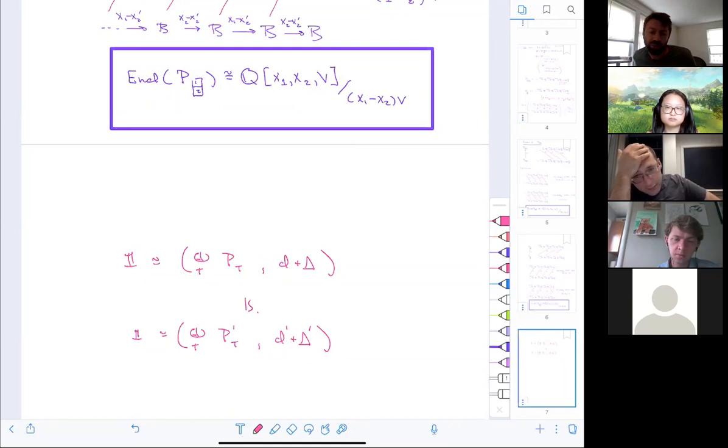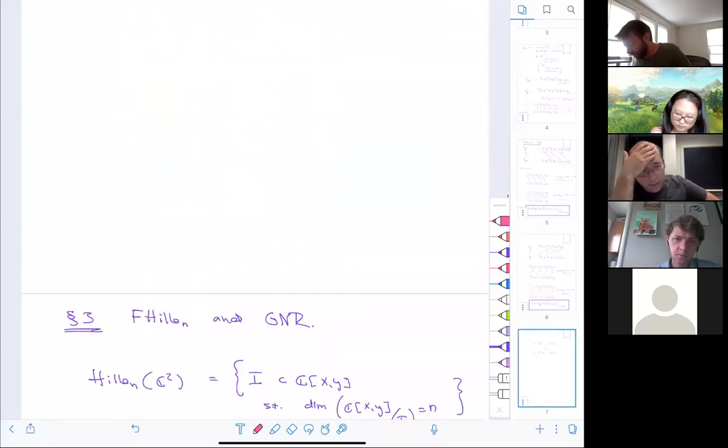And so I think that tells you that it at least intertwines the adjacent maps between adjacent projectors. Thanks. Yep, great question.